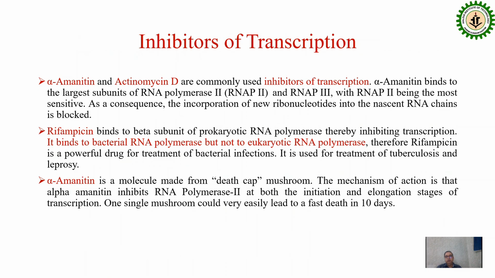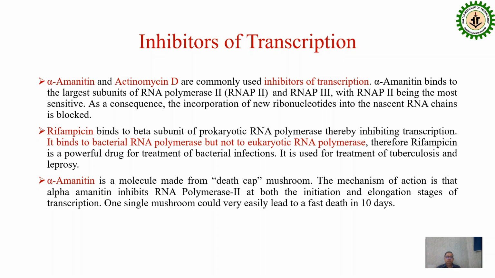Now coming to inhibitors of transcription. From the name you can understand there are certain compounds that can inhibit transcription. For example, alpha amanitin. Alpha amanitin is found in some mushrooms.